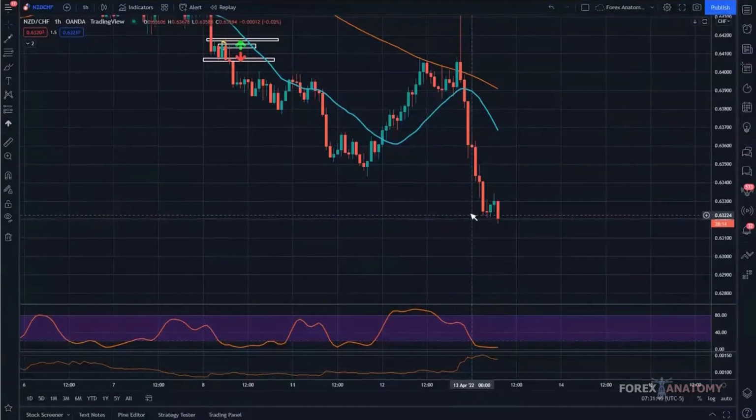Yeah, we might as well just talk about it right now, since you're right on the pair. During the Asian session, which of course, if you live in the US, would be last night, the Reserve Bank of New Zealand did something that we didn't quite expect. We didn't expect them to hike rates by 50 basis points. What they had communicated prior to that was a possible 25 basis point rate hike.